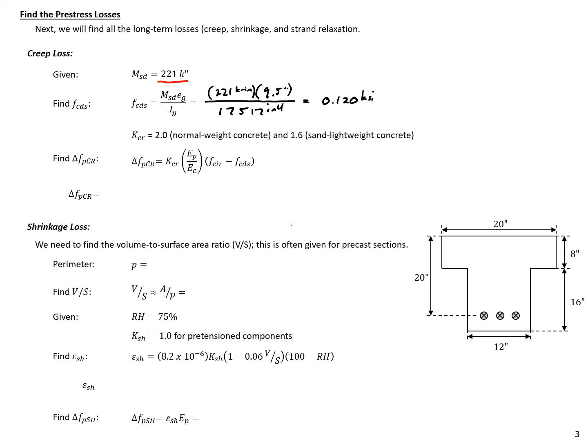We can use this stress with some of the values that we had calculated before to calculate our creep loss. So our creep loss is going to be equal to 2.0.